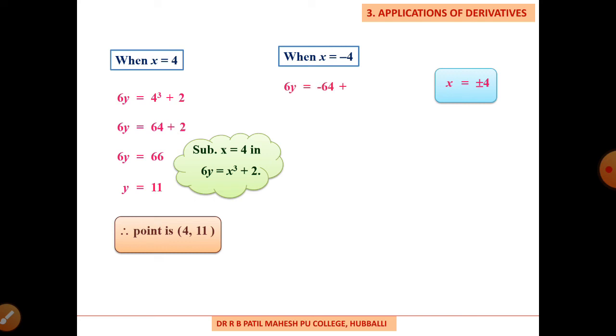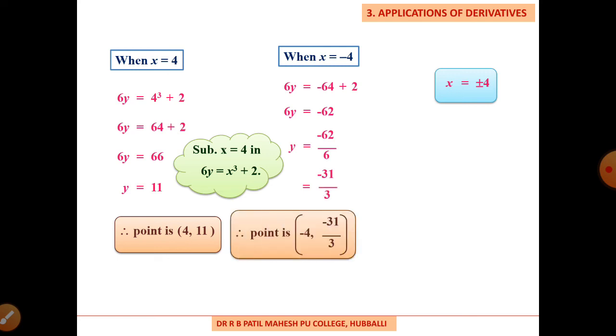We get 6 times y equal to minus 64 plus 2, or 6 times y equal to minus 62. We get y equal to minus 31 by 3. Now the second point is minus 4 comma minus 31 by 3. So the required points are 4 comma 11 and minus 4 comma minus 31 by 3.